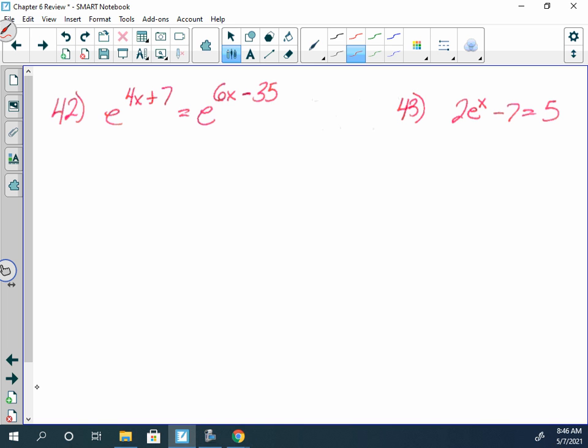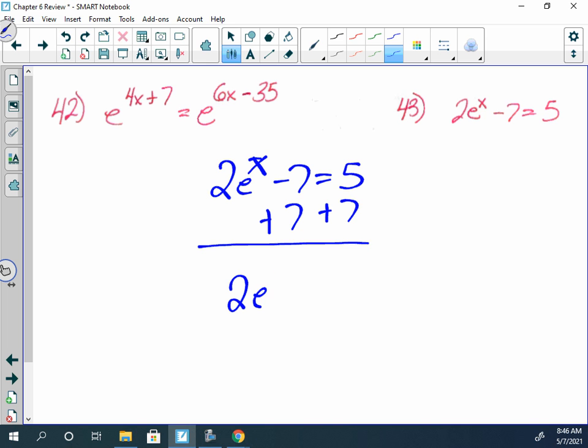And then 43, 2e to the x minus 7 equals 5. I'm going to write it here. Y'all can do it. I just did it. Do you need to see how it's done? You add 7. So plus 7, 2e to the x is equal to 12.